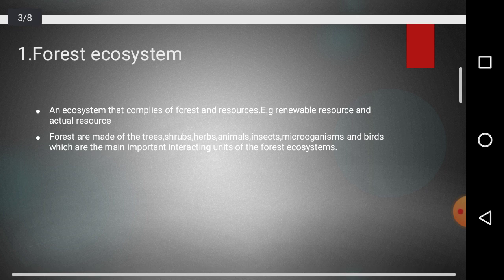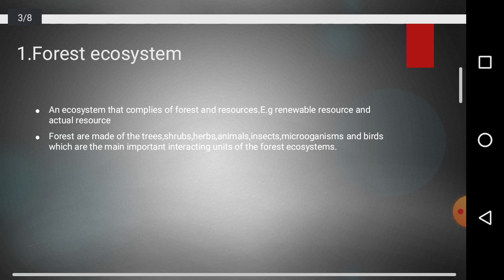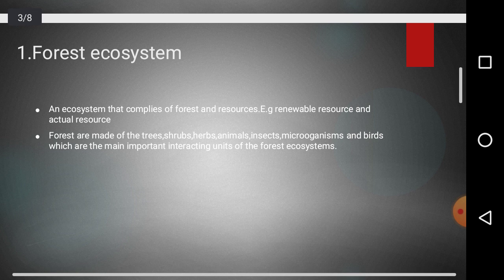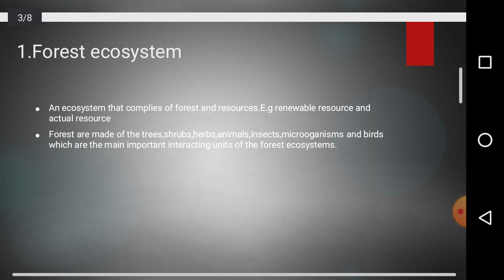And in this forest, we can find trees, shrubs, herbs, timber, and even some animals, insects, microorganisms, and birds. And these are the most important interacting units of the forest ecosystem.